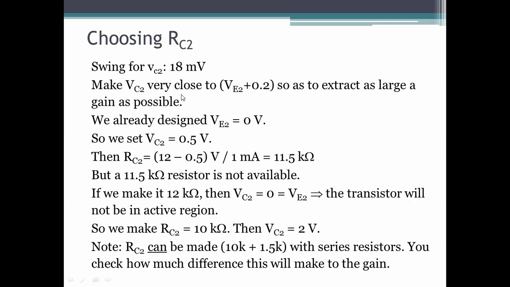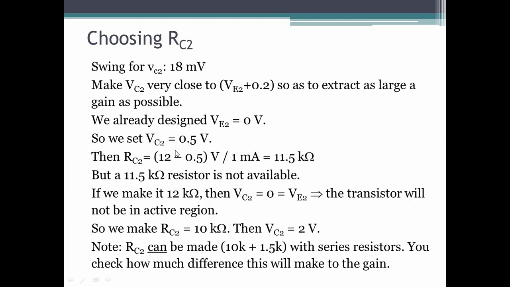And we are doing this because the smaller the VC2, the larger is the voltage gain of that stage. VE2 is already 0, we already know. So VC2 can be 0.2. Let us set it to be 0.5. Here, there, doesn't matter. So let's say 0.5.